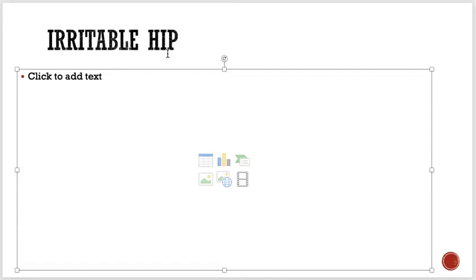Now transient synovitis of the hip or irritable hip, the other name or the correct name is transient synovitis of the hip. Okay, now what happens, guys? Basically, this is a benign self-limiting condition.